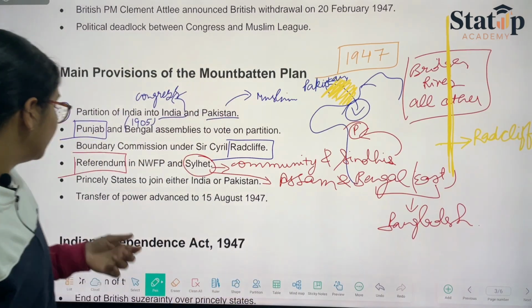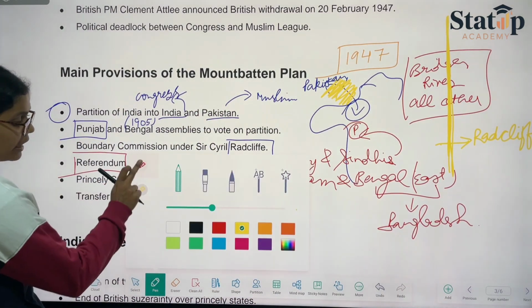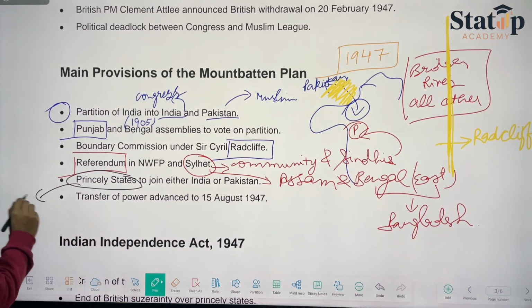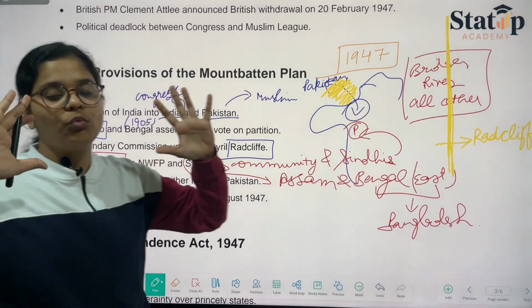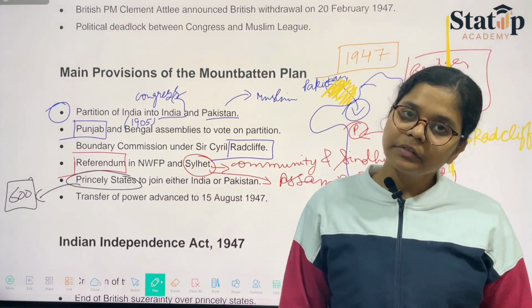All right. Then we have the princely states. It is believed that there were approximately 600 princely states which said that we do not want Pakistan, we do not want India, we want our own state.